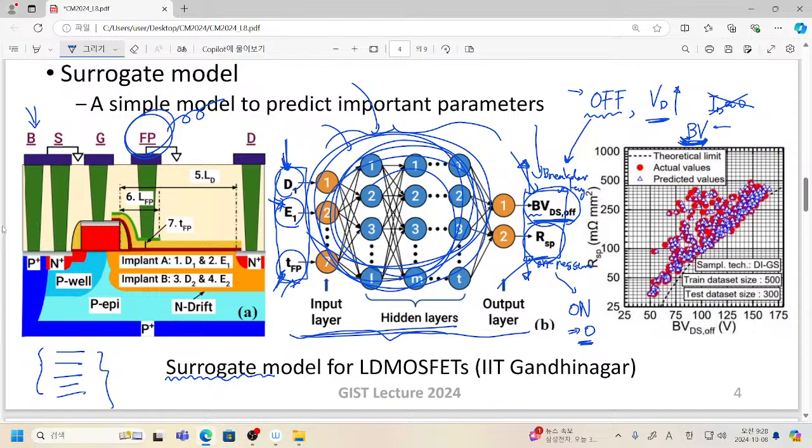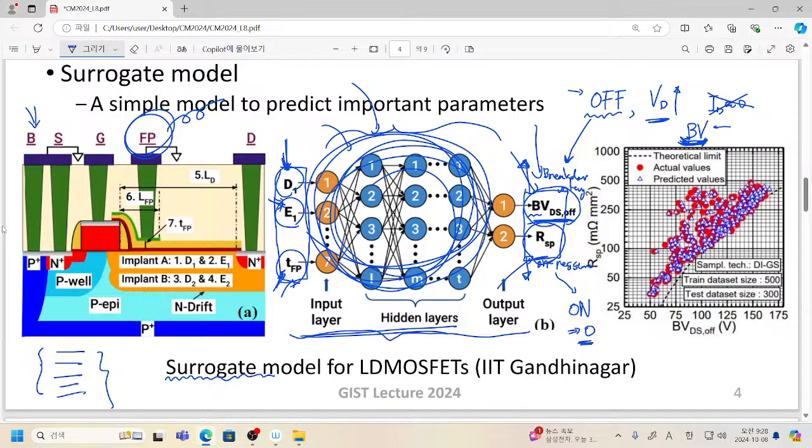It can be performed within microseconds or milliseconds using a conventional PC. However, how long does TCAD take? It will take several minutes or hours or days. So a huge improvement of simulation time can be expected.